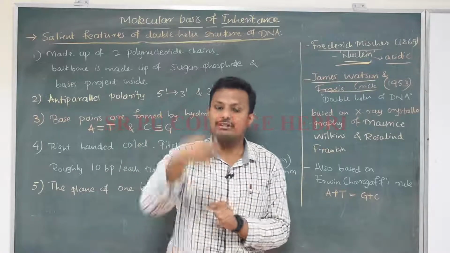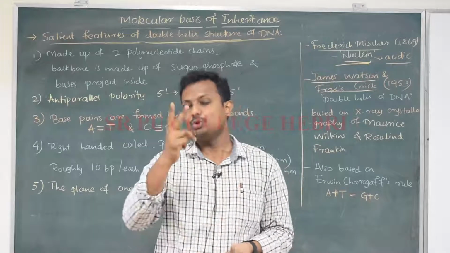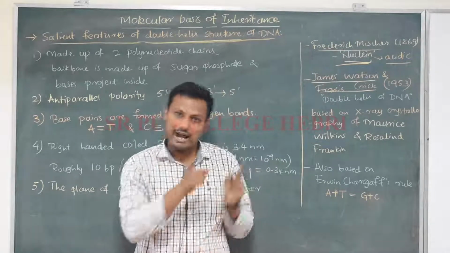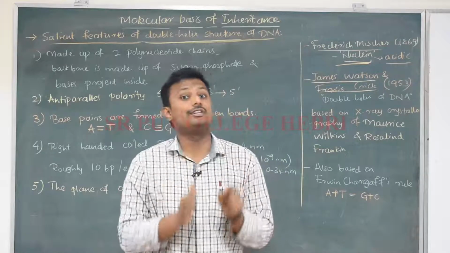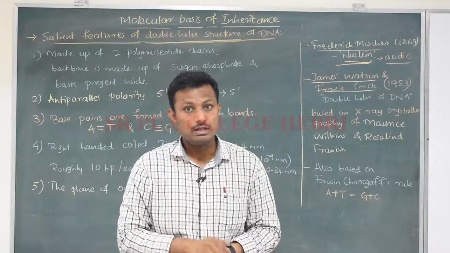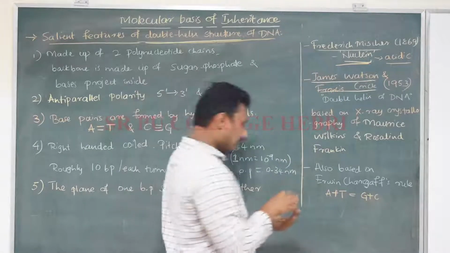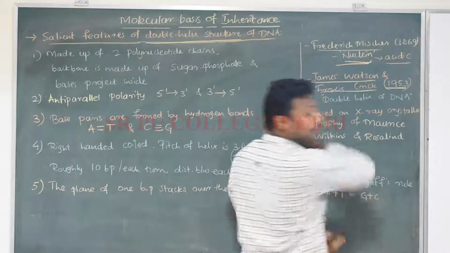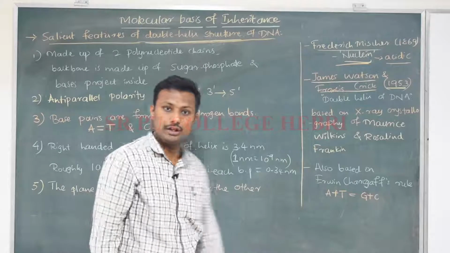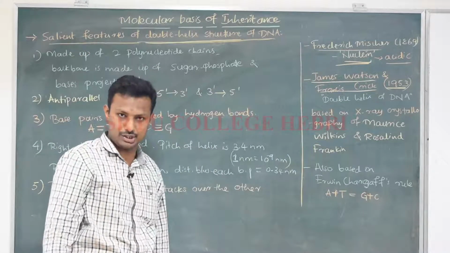Further biochemical analysis gave the information that there are two different types of nucleic acids, DNA and RNA, and this is how the discovery of nucleic acids took place. After that, James Watson and Francis Crick in the year 1953 gave the double helix structure and explained the entire double helical structure.